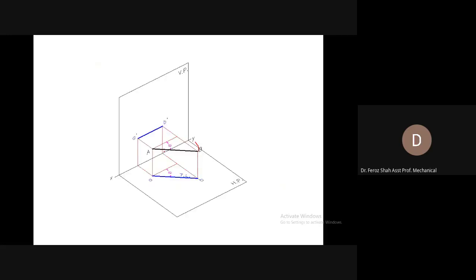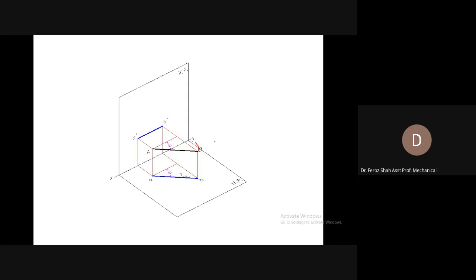So the length of the front view is dependent on phi. Front view and phi are inversely proportional. As I have told you, by increasing phi, you will decrease the front view, and by decreasing phi, the length of the front view will increase. So they are inversely proportional to each other.